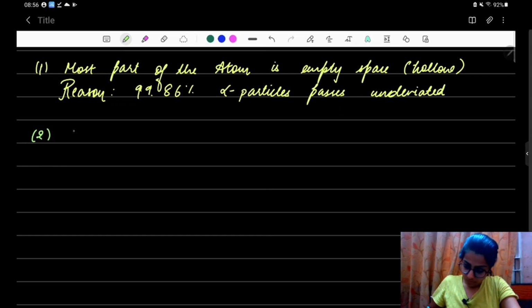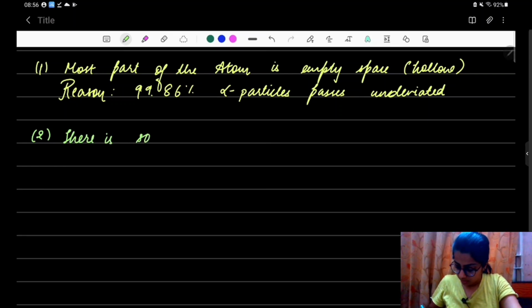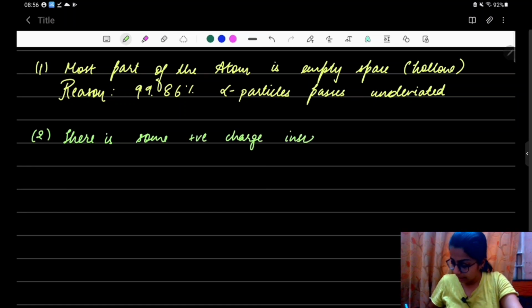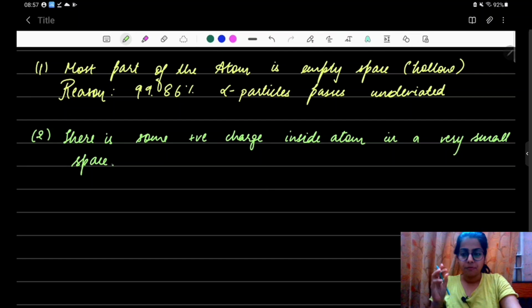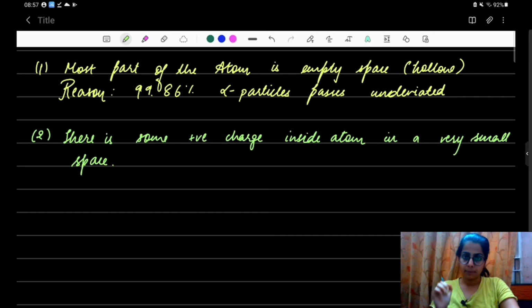So there is some positive charge inside the atom in a very small space. The space is very small because only 0.14% alpha particles are obtained at that place.